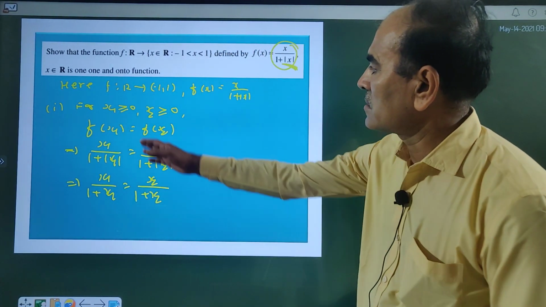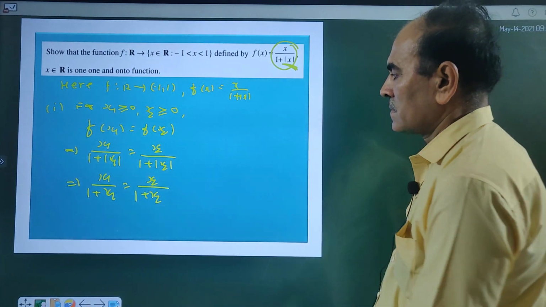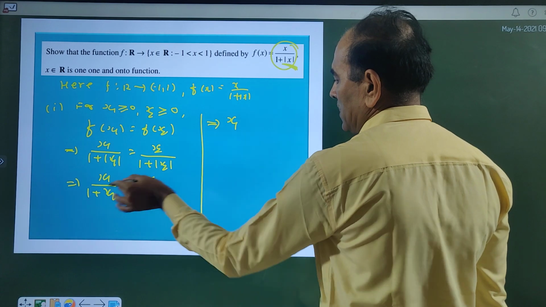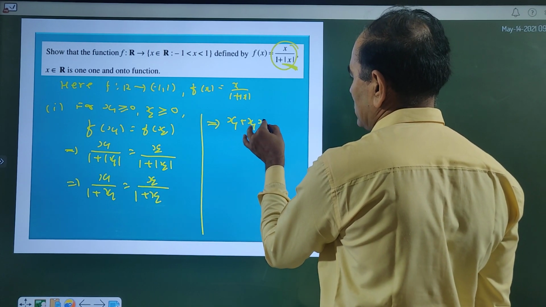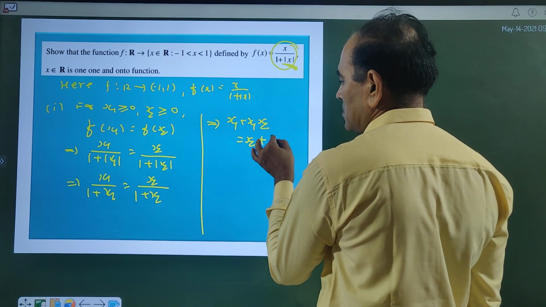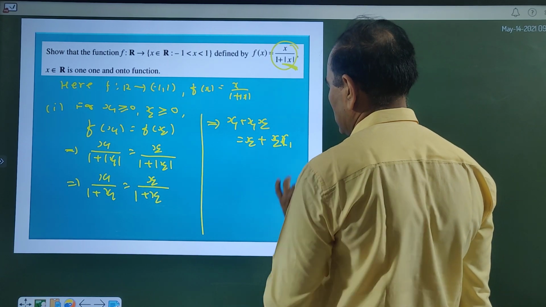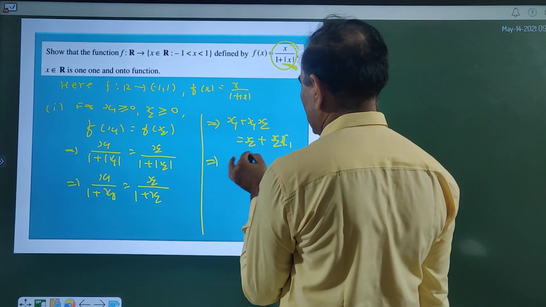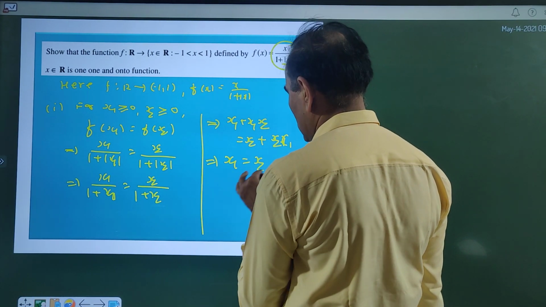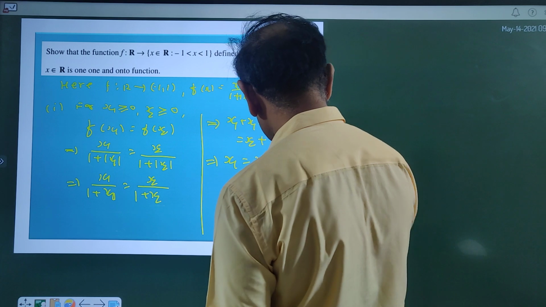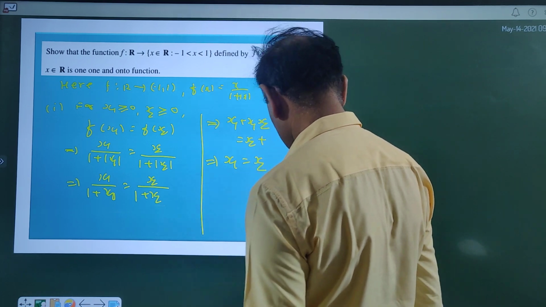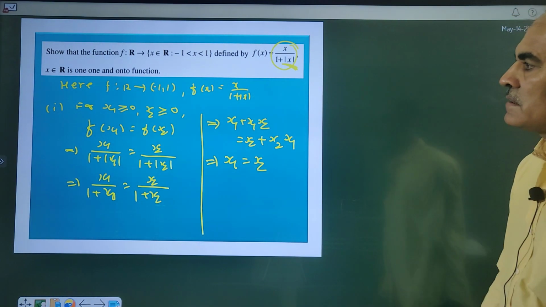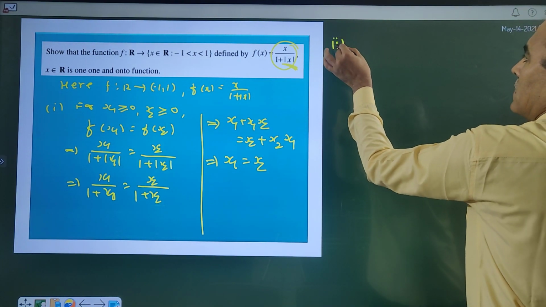Why? Because x1 and x2 both are positive. So this implies cross multiplication x1 plus x1 x2 is equal to x2 plus x2 x1. Here x1 x2 get cancelled on both sides. What we get? x1 equals x2. Clear?